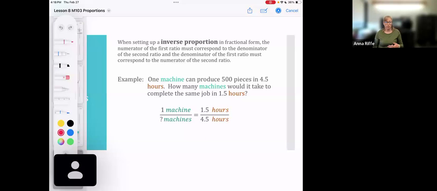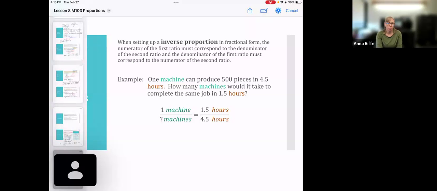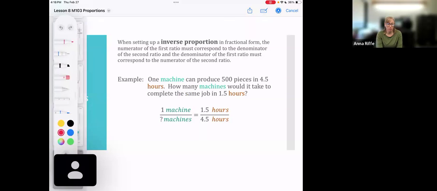If one quantity decreases, it'll cause the other quantity to increase. We will set these up in a very similar manner. We're going to use proportions, obviously by the name. But instead of one numerator corresponding to the other numerator, one numerator actually corresponds to the denominator of the other fraction. And we'll see how that works.